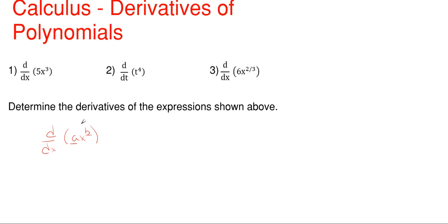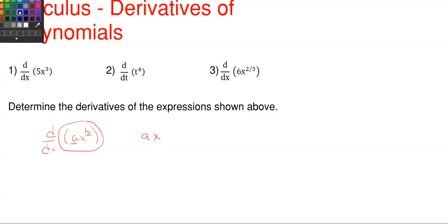So when you have a derivative being taken with respect to x for this type of formula, what happens is that you're going to keep the constant, that number a, and then you're going to have your x value that is still attached to it. Then you're going to take the b, which is the power of x, and drop it down in front of a.